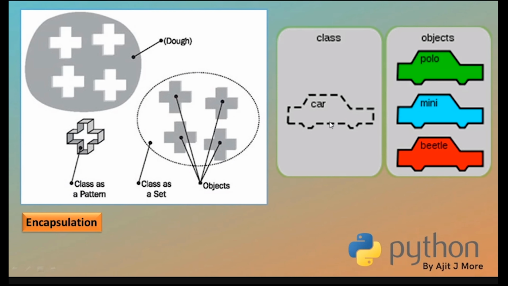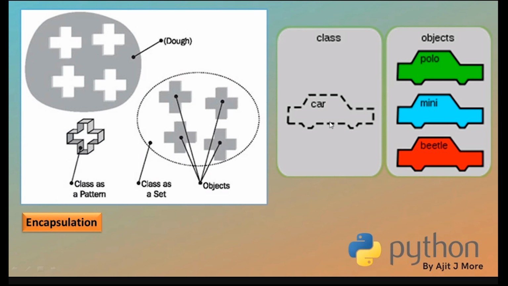Okay. Now, in short, I just want to tell you about what is encapsulation. So, encapsulation is process of creating class. The mechanism of making class is encapsulation, because in that you're encapsulating, means you're packing or bundling related data and related functions.